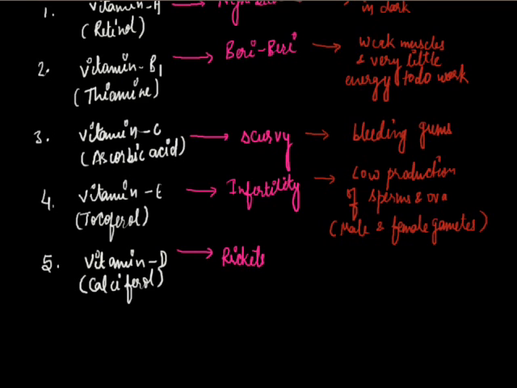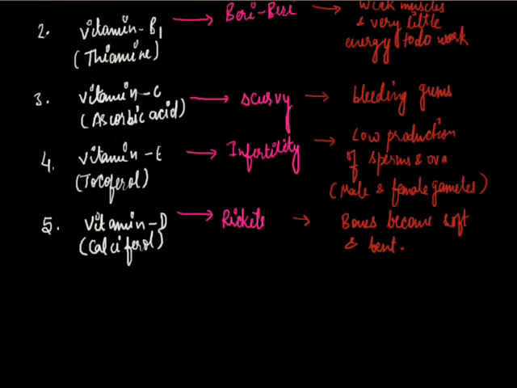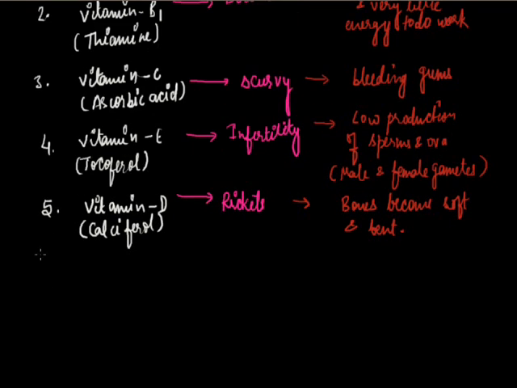And the symptom of rickets is that bones become soft and bent. This vitamin is responsible for giving strength to bones, and in absence of vitamin D, bones become soft and bent.